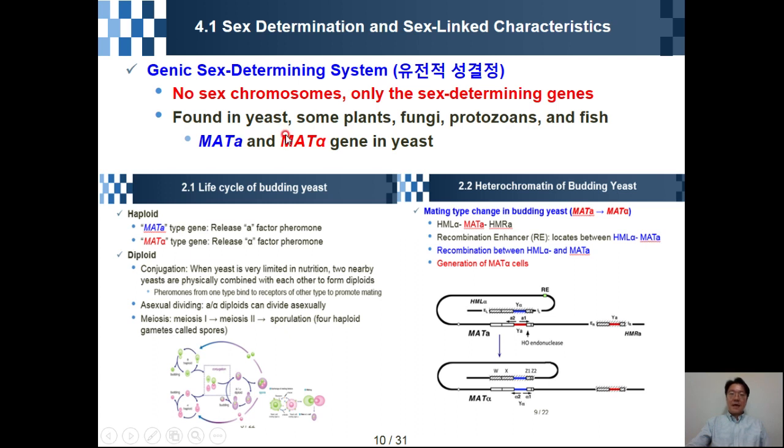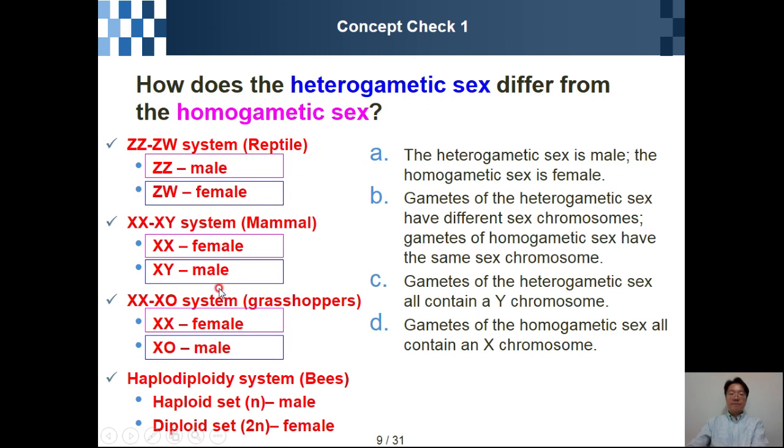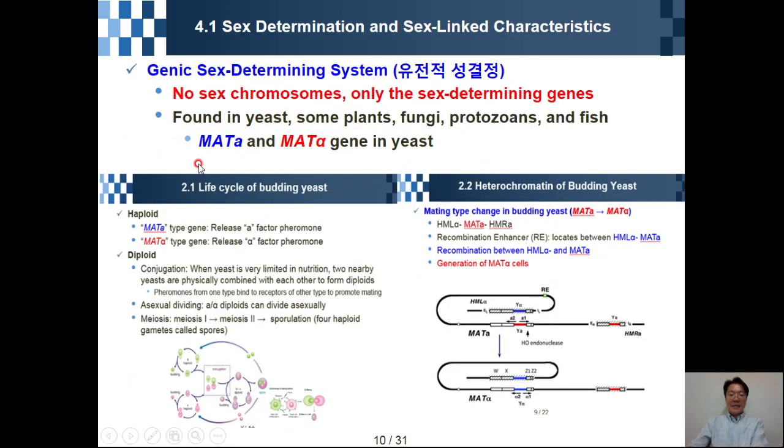If they have the MAT alpha gene, they will become female. Yeast don't have a sex chromosome, they only have the sex determining genes MATa and MAT alpha. In the previous systems, they had sex chromosomes, but in the genic sex determining system, they only have the sex determining gene.